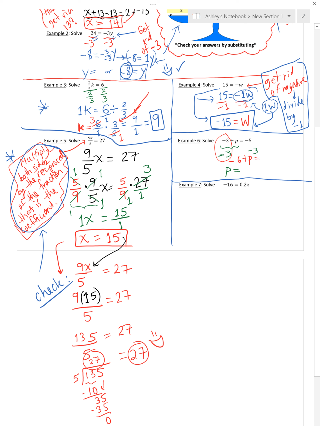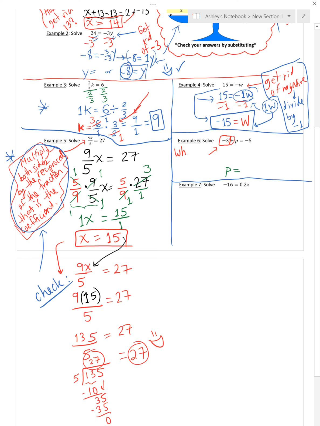So I just added something to both sides that made the left side more complicated when I'm trying to make it simpler. So I think what I have to do is not subtract, but add. It's not really the fact that this is a plus, it's more the fact that I have a -3. So what I'm asking myself is, what can I add or subtract with -3 to give me 0?